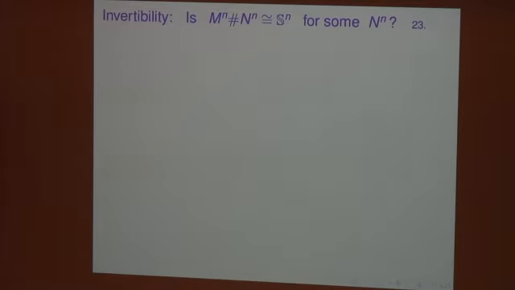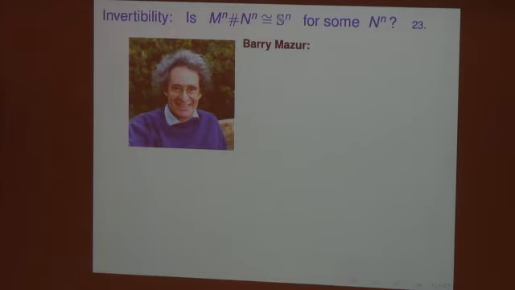And now I want to ask the following question. Can it happen that a manifold is invertible in this operation? So given a smooth oriented manifold M^n, can we find another manifold N^n such that the connected sum is diffeomorphic to the standard sphere? Well, this question was answered by Barry Mazur back in the days before he became an algebraist, or a number theorist, whichever you describe him as.